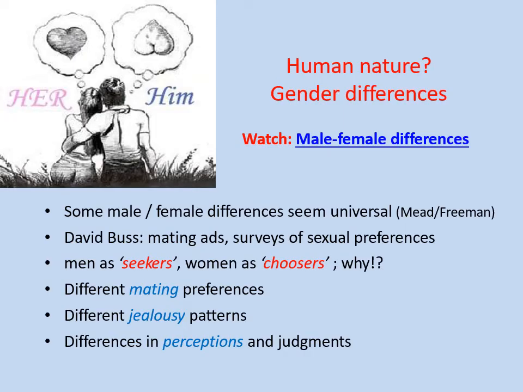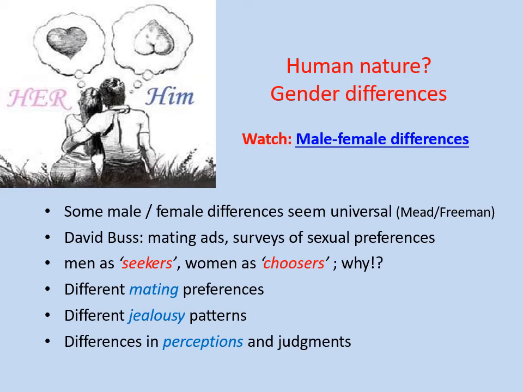So, looking at the anthropological evidence, and in particular the Mead-Freeman controversy, there seem to be some indications that some classes of social behaviors, particularly social behaviors that relate to male-female behavior, mating behavior, relationship behaviors might be influenced by evolutionary factors which are still with us today.